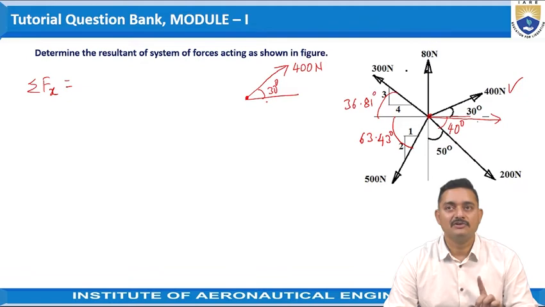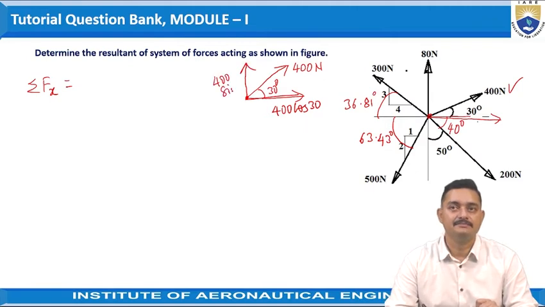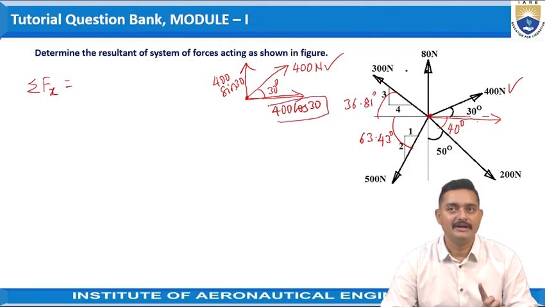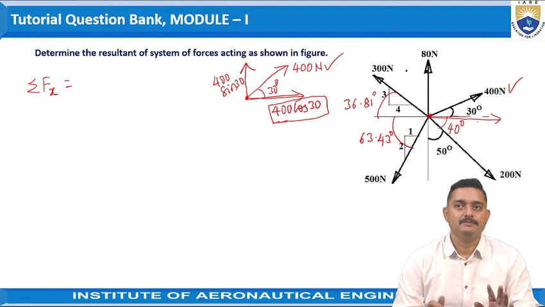So the components of this force can be given as horizontal component 400 cos 30 and vertical component 400 sin 30. These are the mutually perpendicular components of this 400 Newton force. You can observe here that this 400 cos 30 component is acting in the positive x-axis direction.